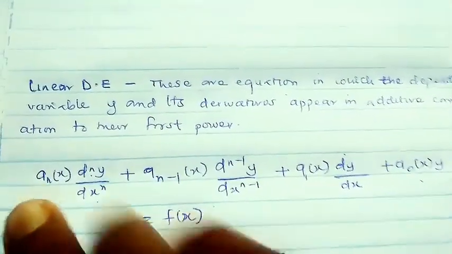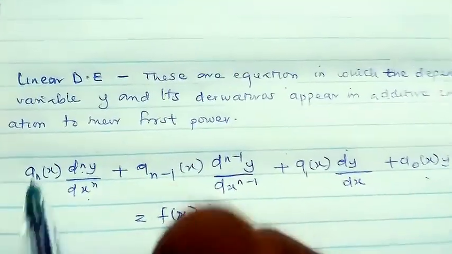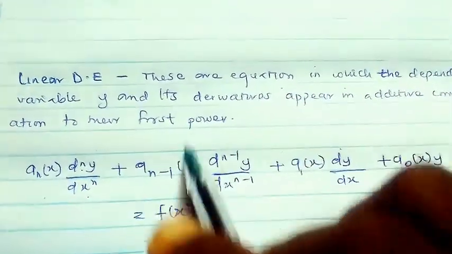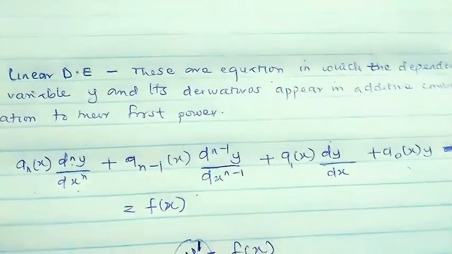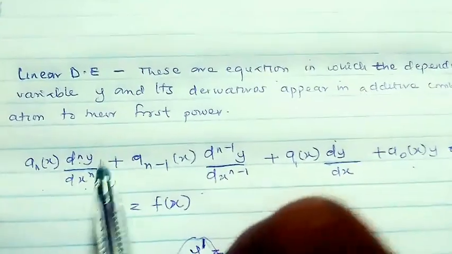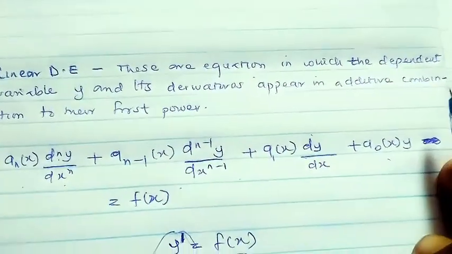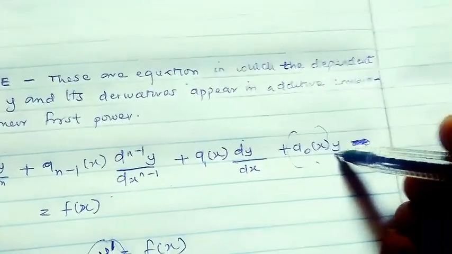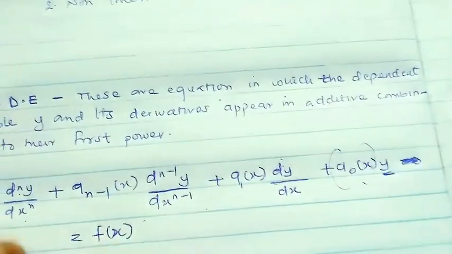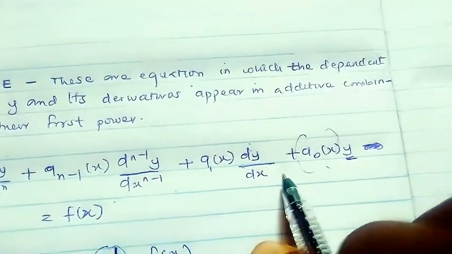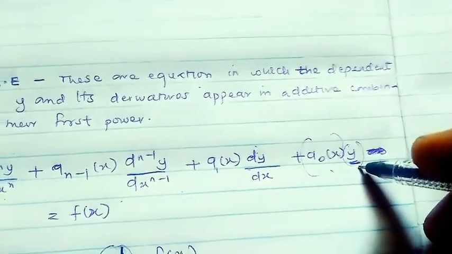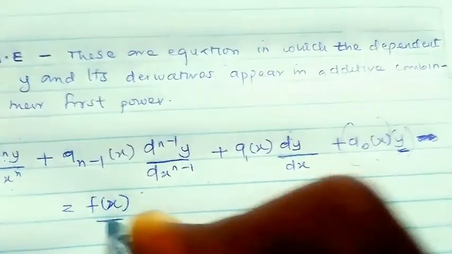Interpreting this general form, we have a coefficient of x multiplying the derivative of y with respect to x. Getting to this point too, we have y. If you look at this, these are derivatives of y with respect to x. Then we have just a dependent variable here equating a function of x.